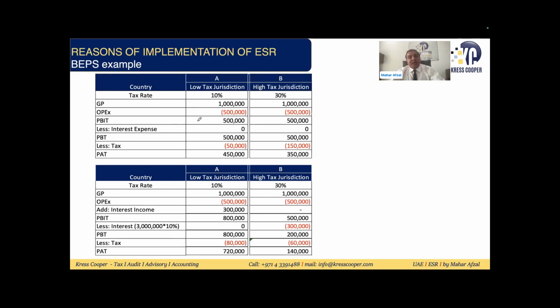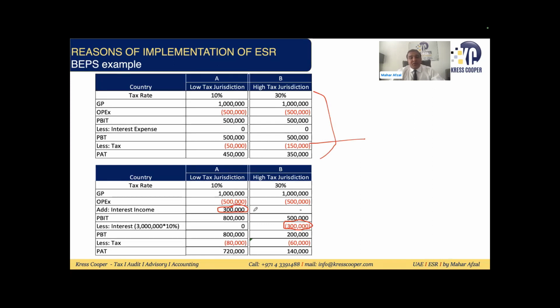So this is just an example. This is a fair situation. In this, they are paying tax of 200,000, 50 plus 150,000, 200,000 is the tax. Now this company is in the low tax jurisdiction. This company has given a loan to the company which is in the high tax jurisdiction. The interest income is 300,000. 300,000 has become a cost here. Now the taxable profit has been reduced on an overall basis.